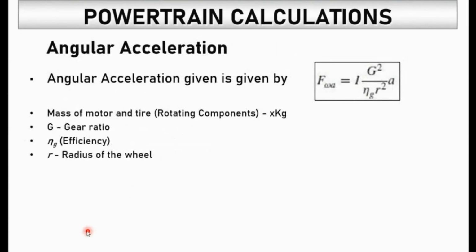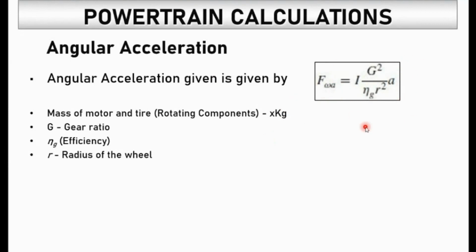Okay, now angular acceleration. This is one of the interesting topics to me at least. So what are the components that are going to cause angular acceleration in a vehicle? We have motors, or a motor if you're going to use a single motor, but there are vehicles with multiple motors, which are a contributor of angular acceleration. And then we have the transmission systems, which also cause angular acceleration.